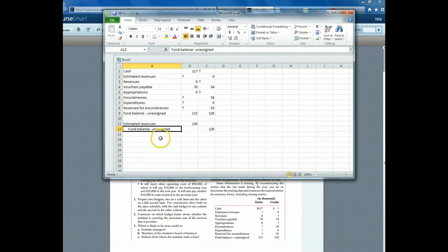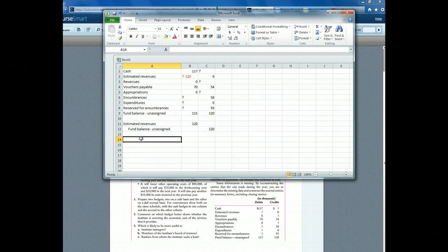Okay, that would help us come up with estimated revenues of 120, wouldn't it? Because that and this fund balance of 120 would correlate.